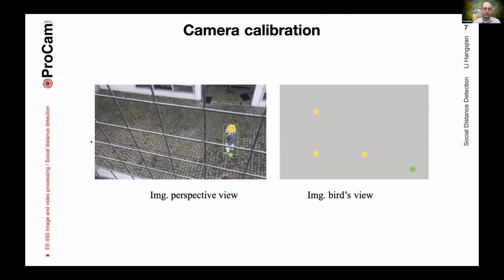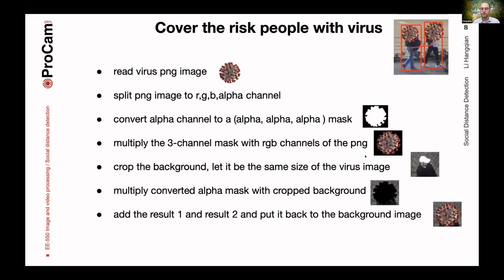So I can use these 4 points to get a transformation matrix, and use it to transform these 3 points to the bird view image. And as just marked, the length is 1.8 meters, so we can calculate how many meters one pixel corresponds to in this image, so we can measure the distance between people.